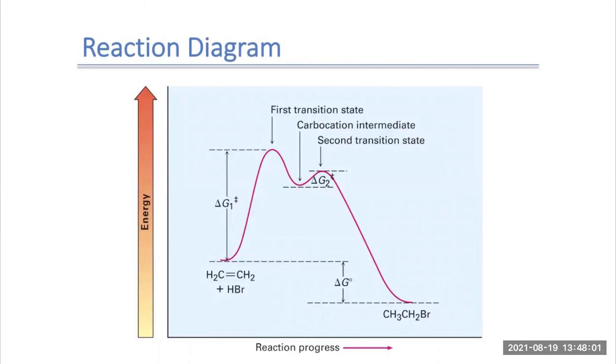And then one final note, when we're looking at polar reactions, we can draw reaction diagrams. So you've seen stuff like this in your general chemistry. With organic chemistry, here we have our reactants that we start with. They'll go through and create that first reaction. Here we have the carbocation.